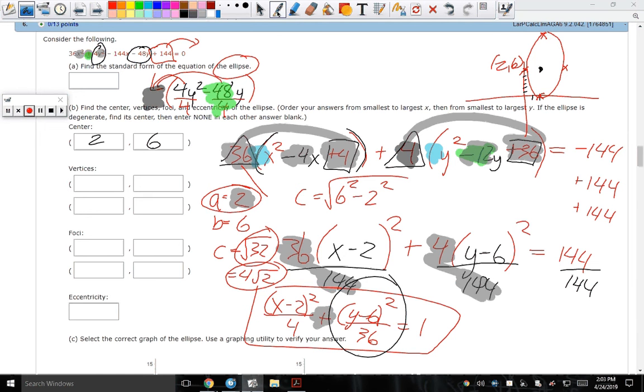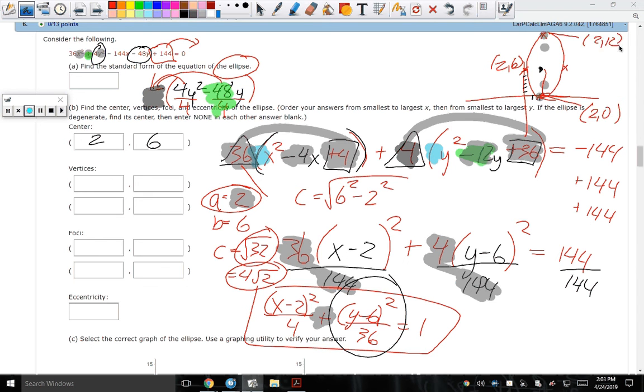What are the vertices? Remember, the vertices are the ones that also contain the foci, those C terms. So if the center was 2, 6, and I went down 6, can someone tell me what this point is right here? 2, 0. What would this one be over here? 2, 12.